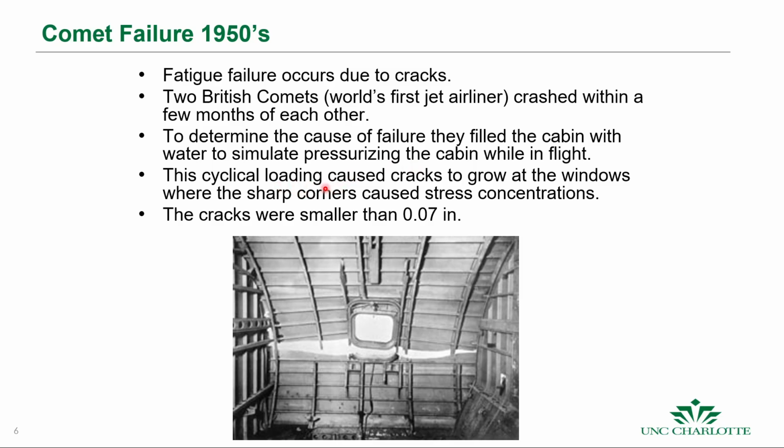The cyclical loading, they determined, caused cracks to grow at the windows, where the sharp corners caused stress concentrations, and these small cracks, which they said were less than 70 thousandths of an inch, caused these aircraft to fall out of the sky.